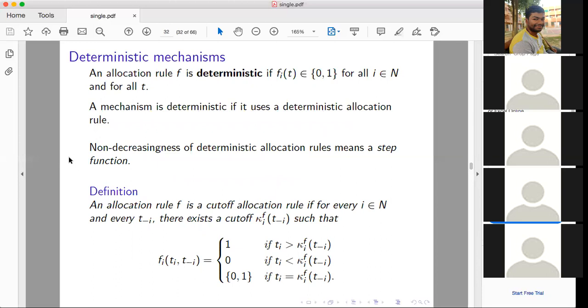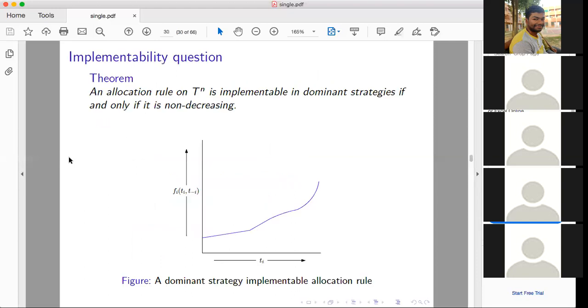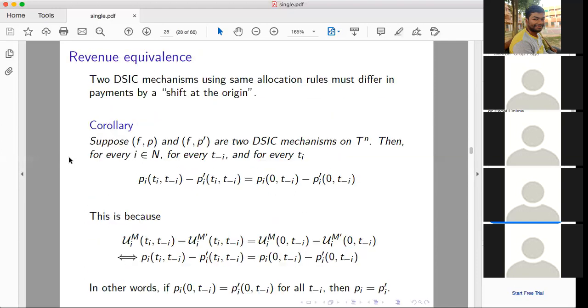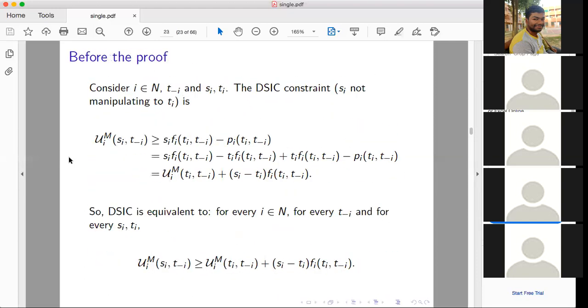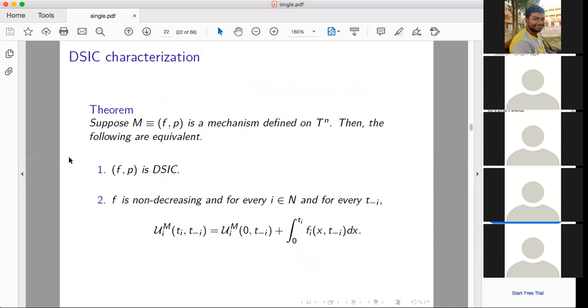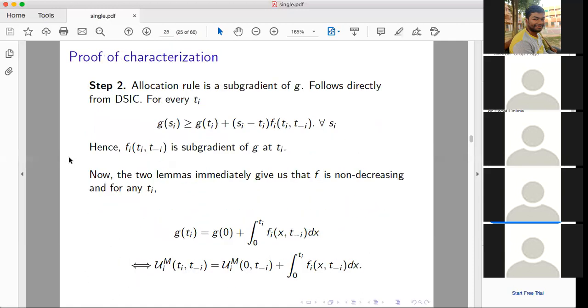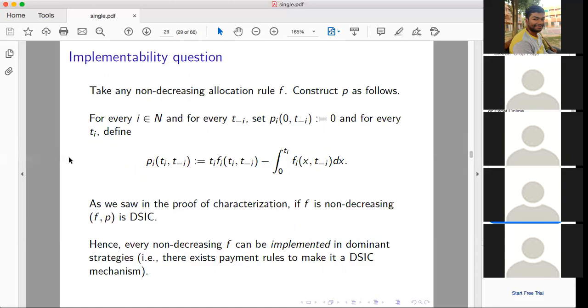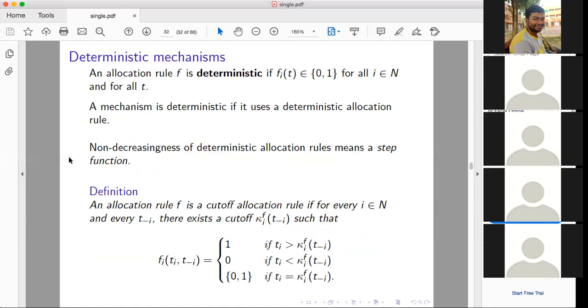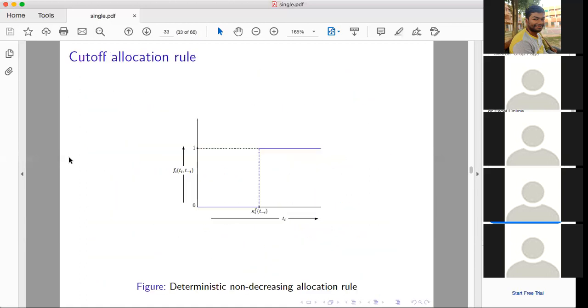That's the main takeaway from this, and we are going to use it in various ways in coming lectures and today also. One of the things we discussed was how this characterization simplifies if we have f to be deterministic, so f is either 0 or 1 at every type profile. So every agent gets the object or doesn't get the object; there is no randomization involved.